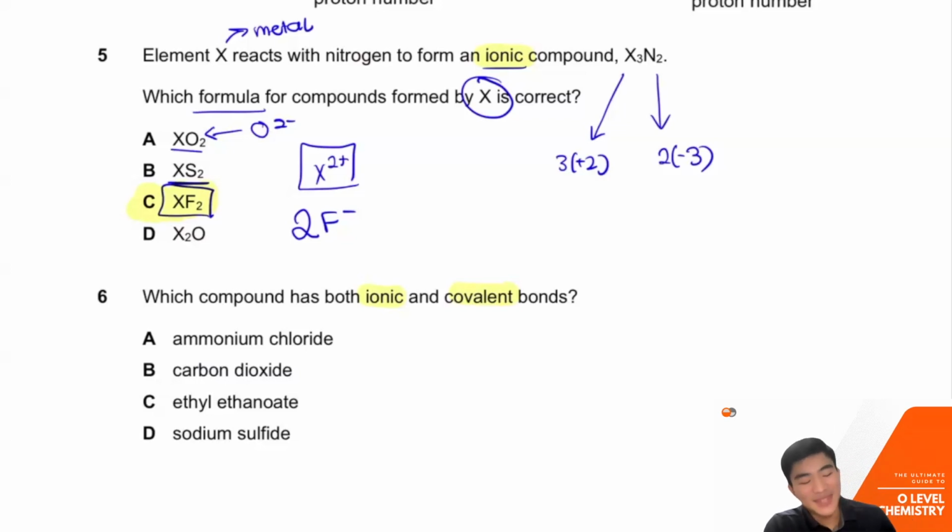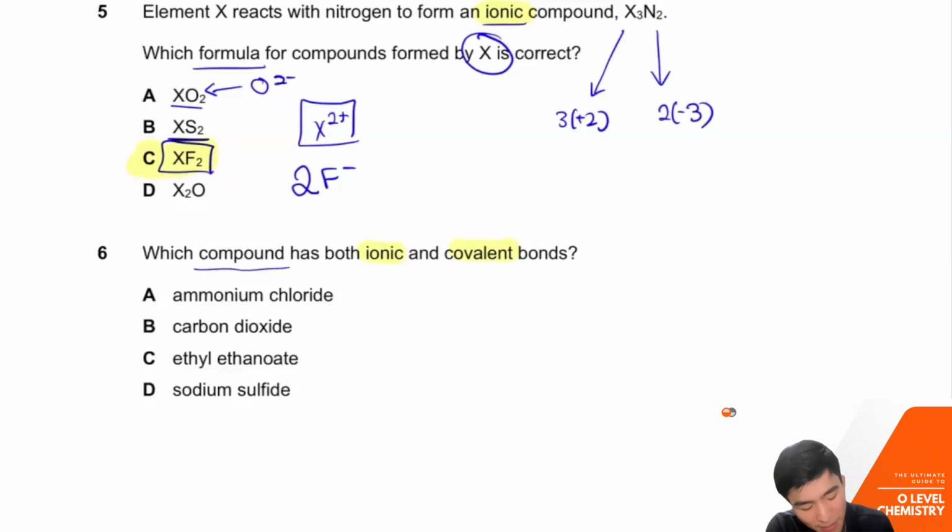Okay, let's go through. Now, ionic and covalent bonds. What does that mean? If I have a compound that contains both ionic and covalent bonds, that means that most of the time I'm looking at a complex ion.